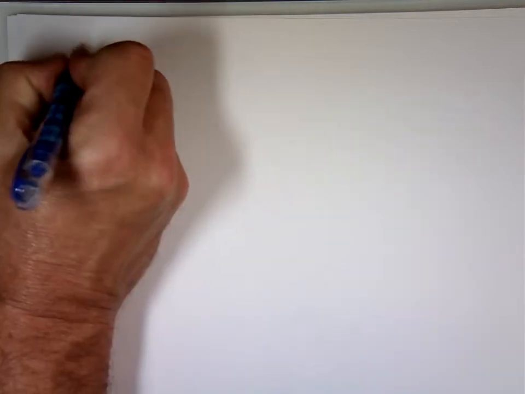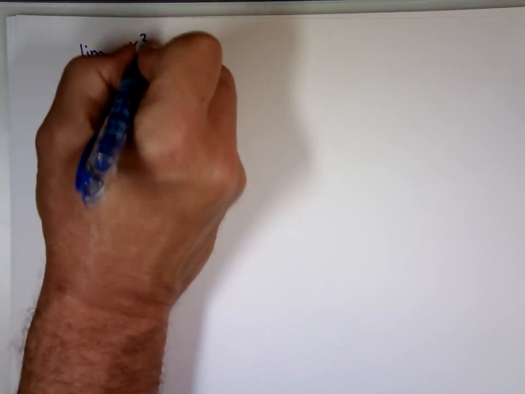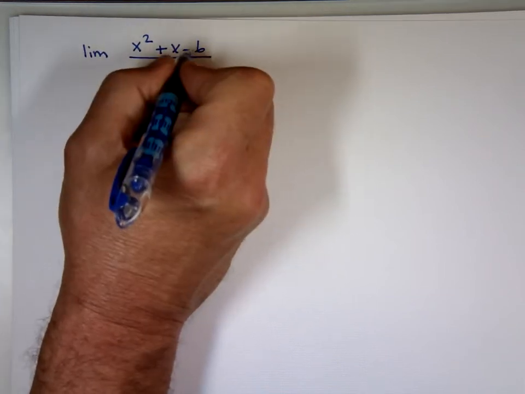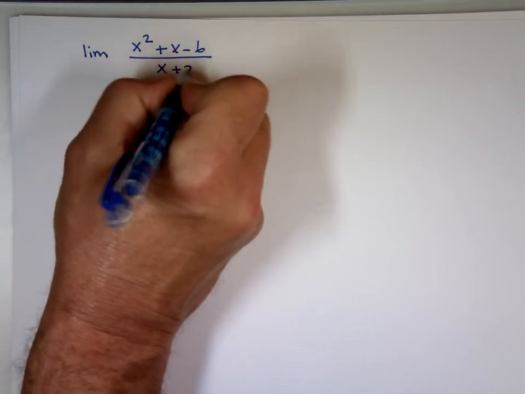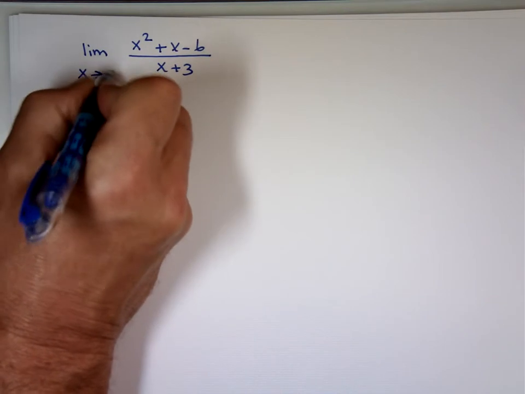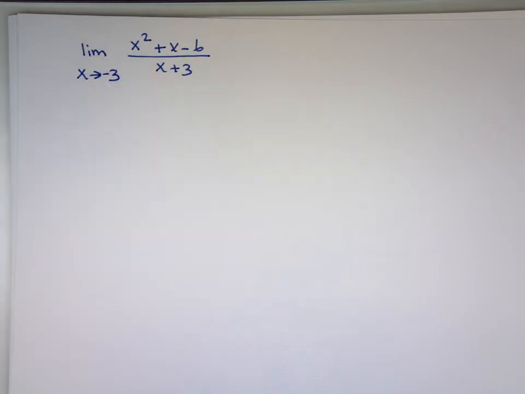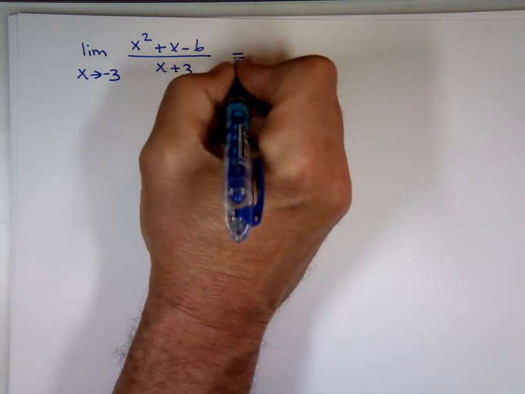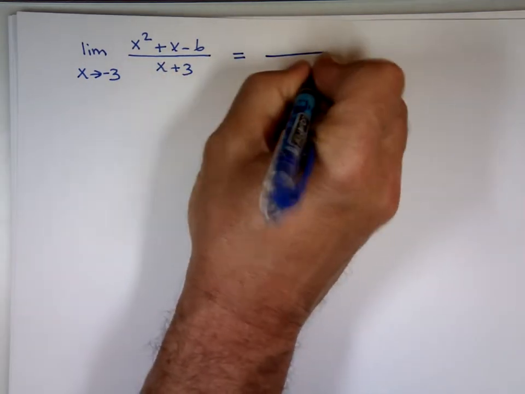So let me try another one. The limit of x squared plus x minus 6 divided by x plus 3 as x approaches negative 3. Let's try direct substitution. That's the easiest way. Well, I see a little problem.